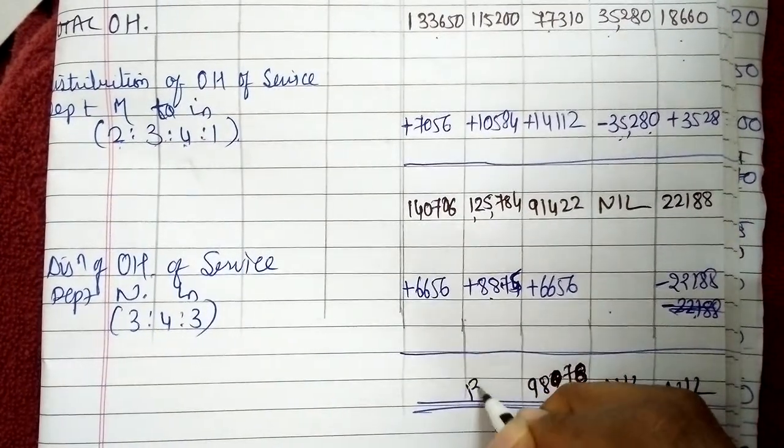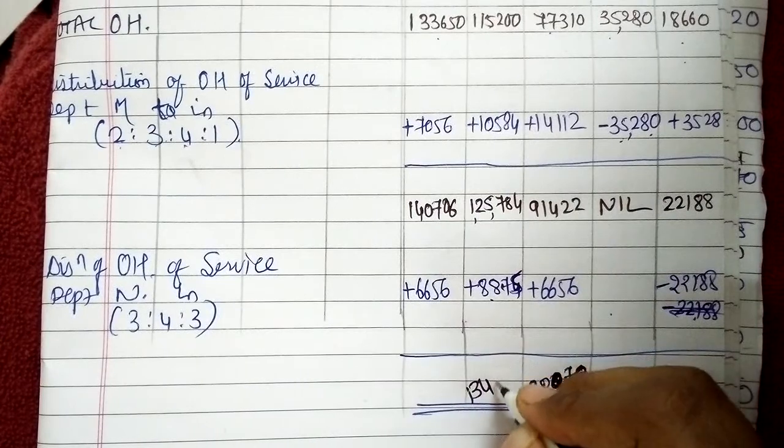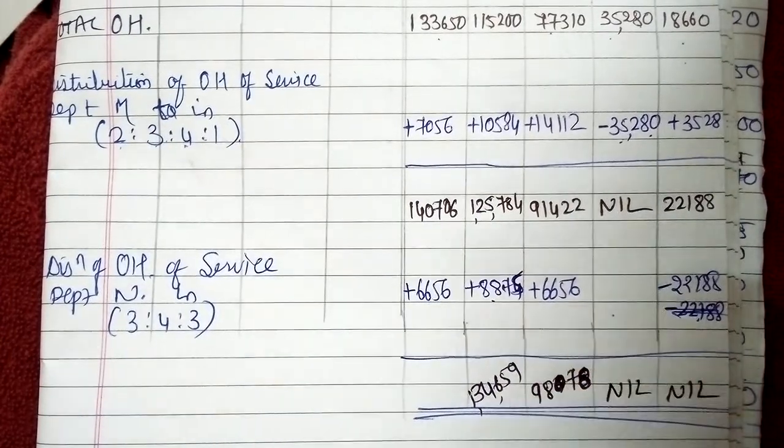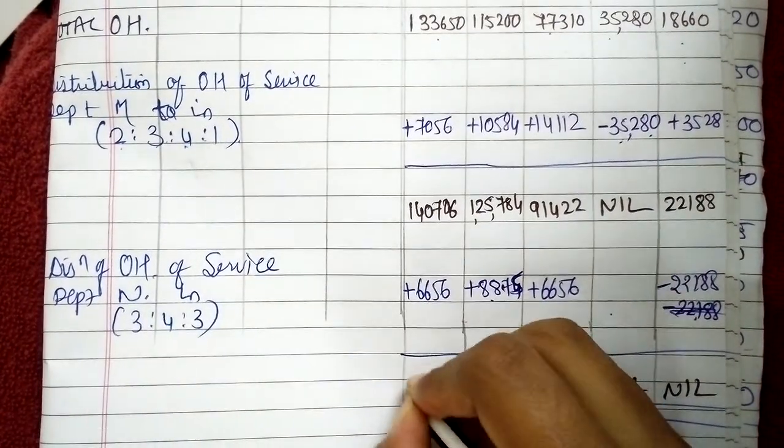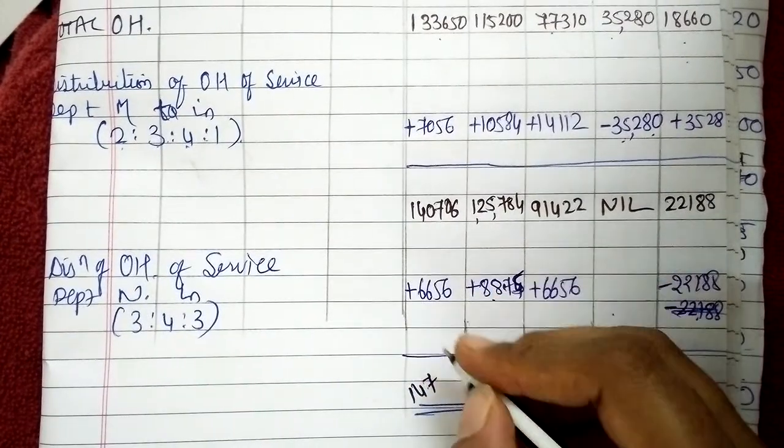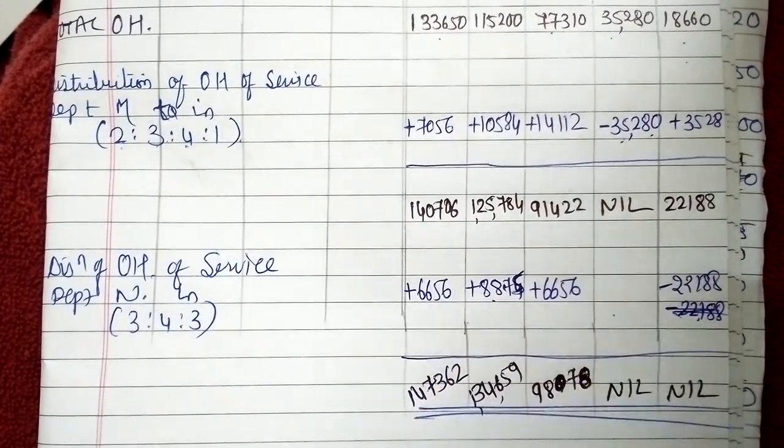So 134,659. 140,706 plus 6656. So that is 147,362.